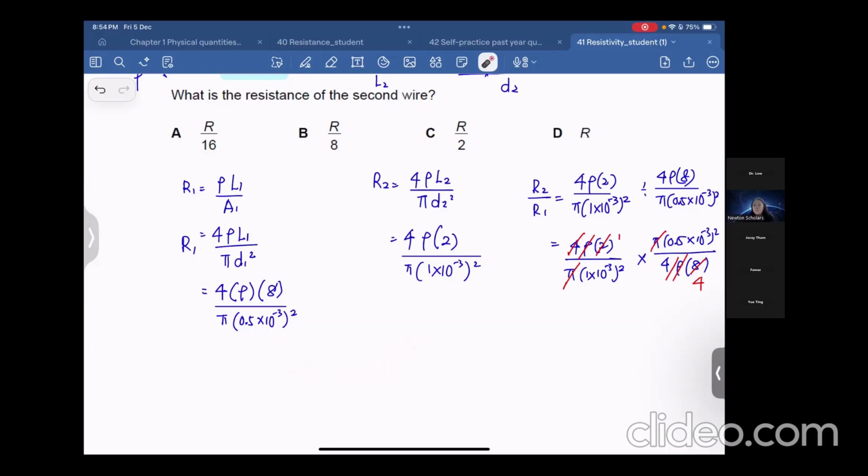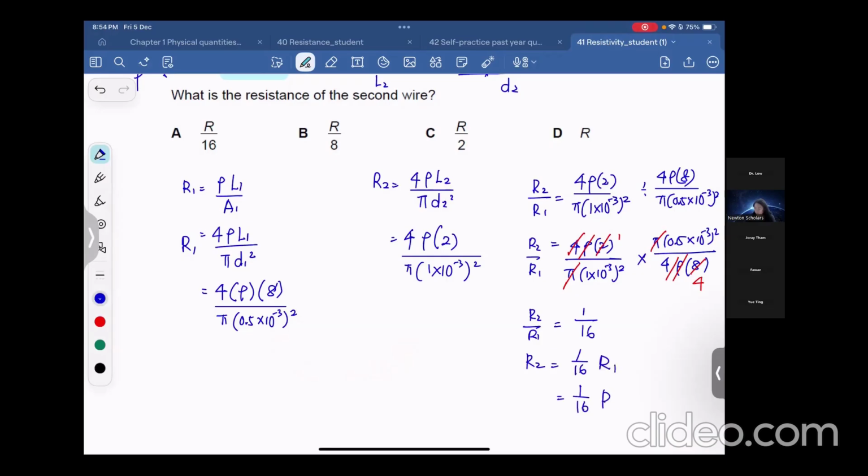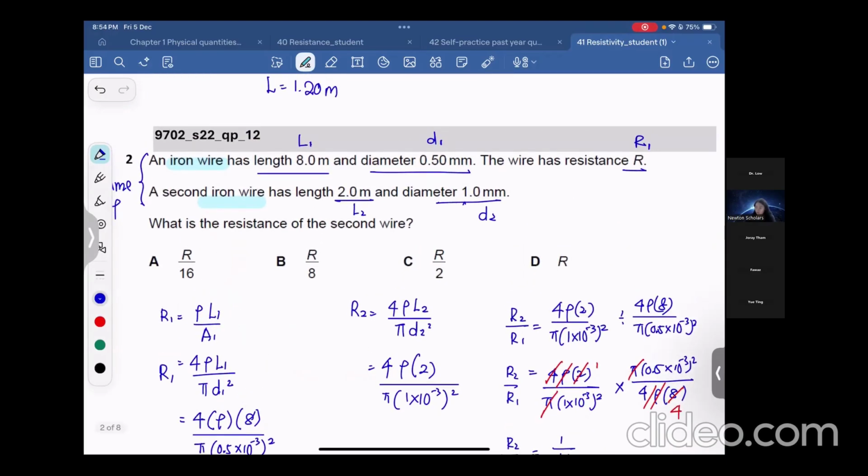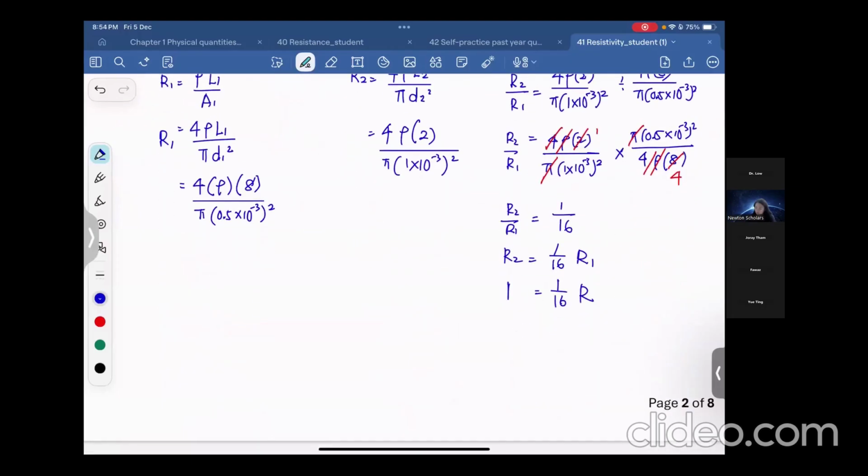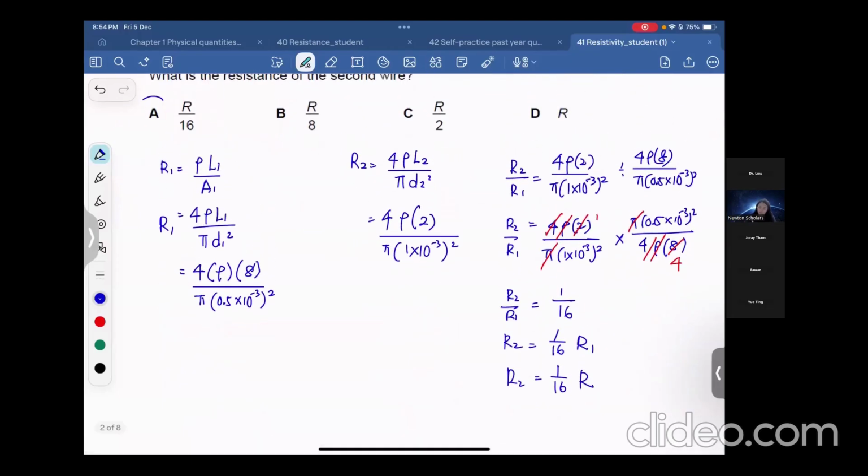So at the end, R2 over R1, I will get 1 over 16. So R2 equals 1 over 16 R1. What is my R1? Just now at the top, I said it is resistance R. So R2 actually is R over 16.